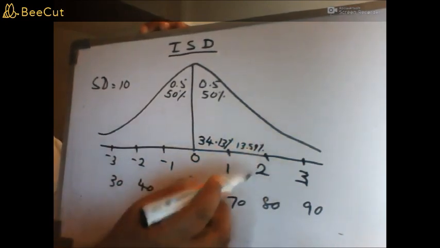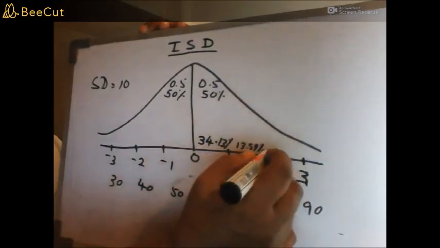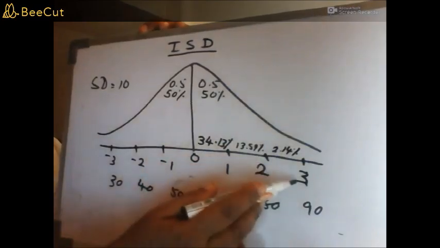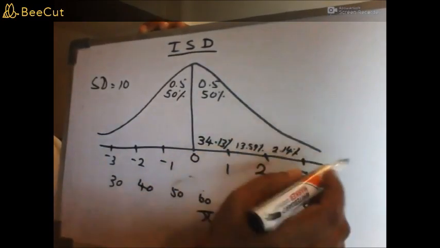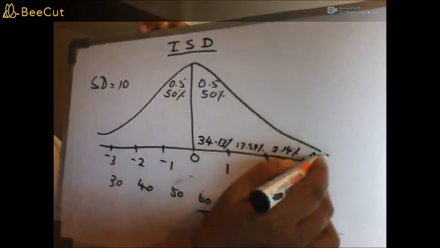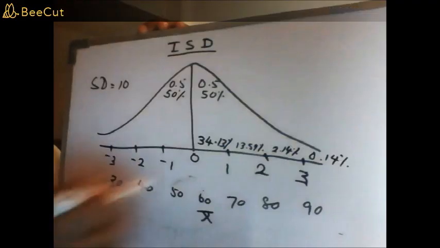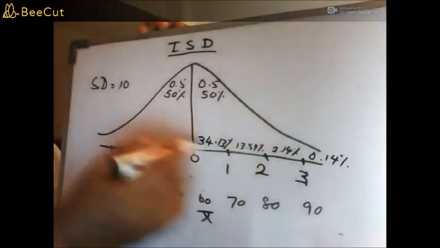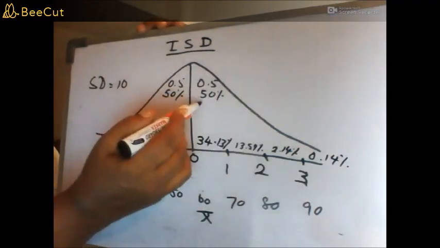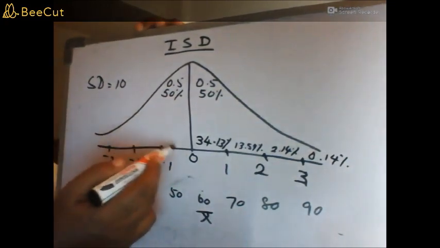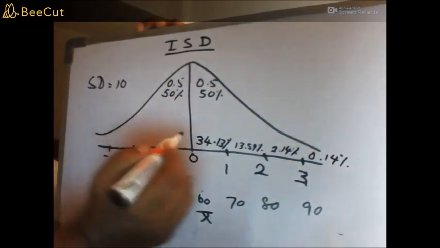Then 2.14% here, between the second standard deviation and the third. Then the very few, 0.14%, here. If you add all these values, you get a total of 50%. And since this is symmetrical, here also you can find the same values.